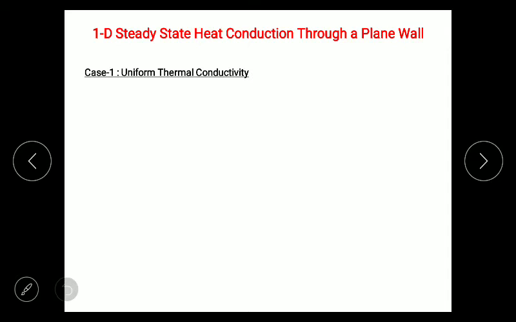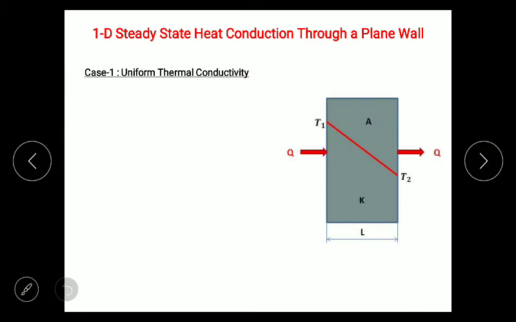Now, for the first case, uniform thermal conductivity, I am considering a plane wall as shown in the diagram. The length of the wall is L. In the initial videos, we stated this as x, and that x value is now L. The temperature at one surface of the body is T1, at another surface is T2, and there is a difference in temperature, which is shown here through the inclined line.